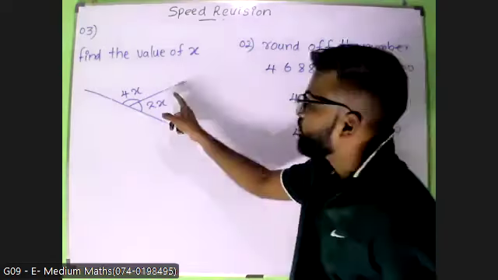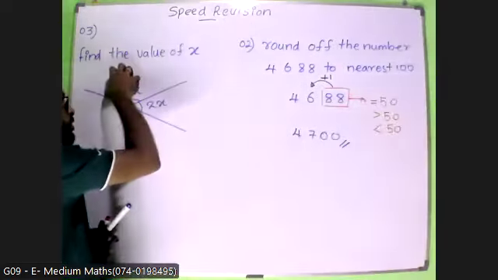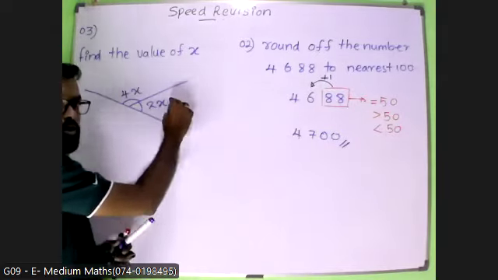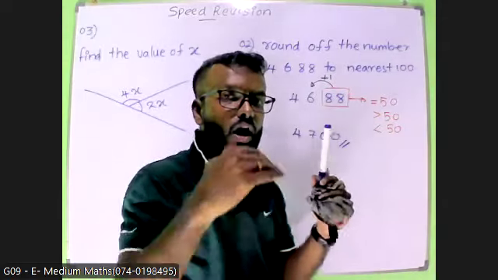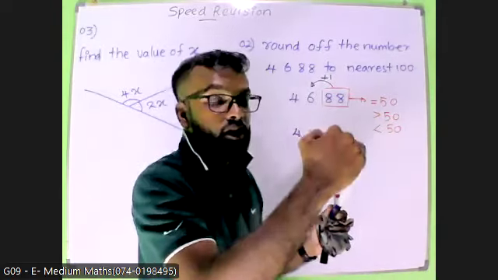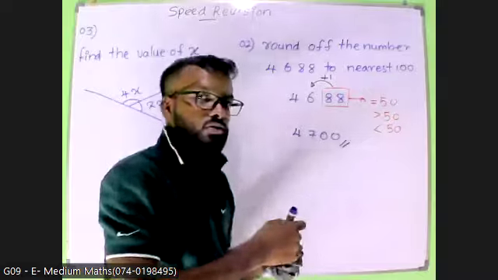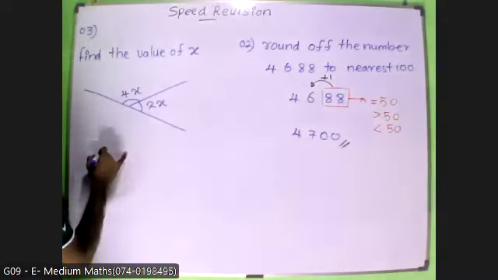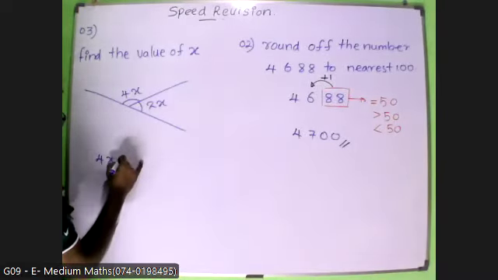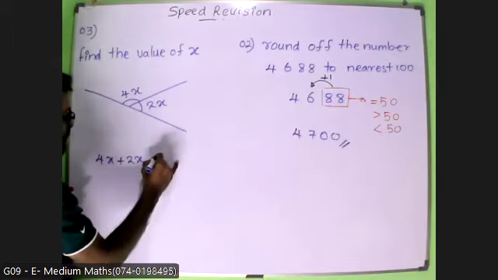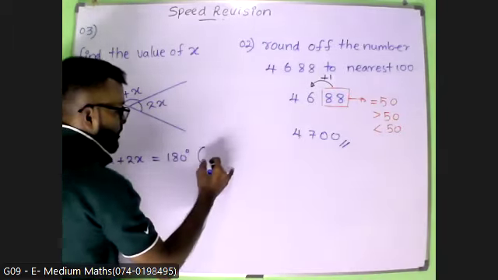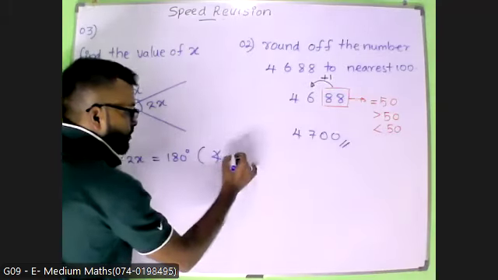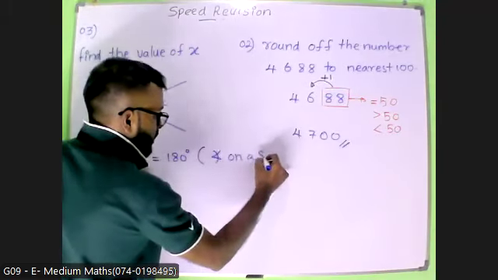How to find the value of x? This obtuse angle and this acute angle all together are on a straight line. So you can write down 4x plus 2x equals 180. Okay. So, what is the reason? Angles on a straight line.